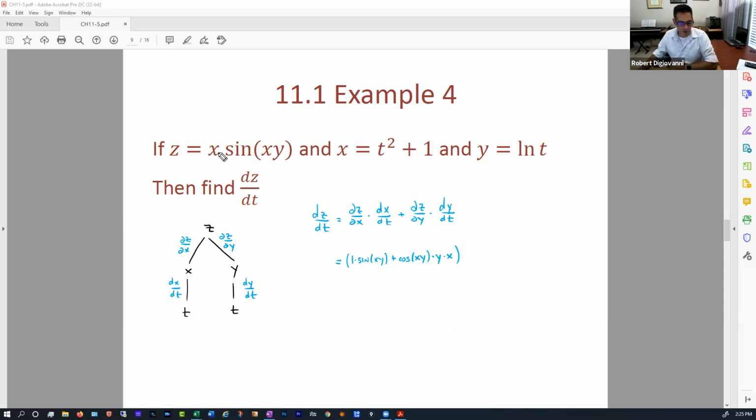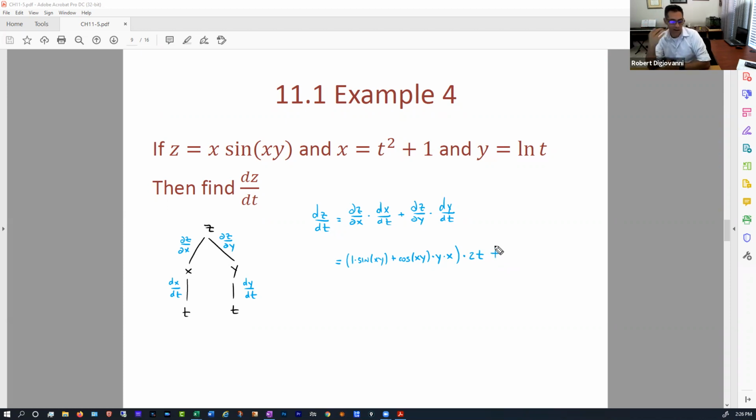Okay, so that is the partial of this with respect to x. We have to do product rule. But then I need dx dt, multiplied times that. For dx dt, I go up to the equation with x and t, and I take the derivative with respect to t on both sides, and I should just get 2t. Any questions on that? Then that's the product down the first branch, the one on the left.